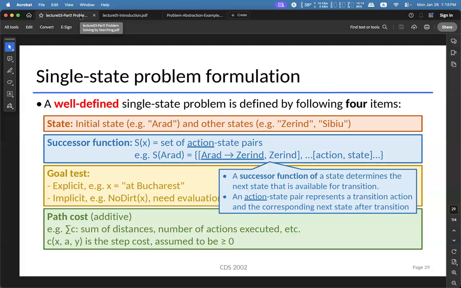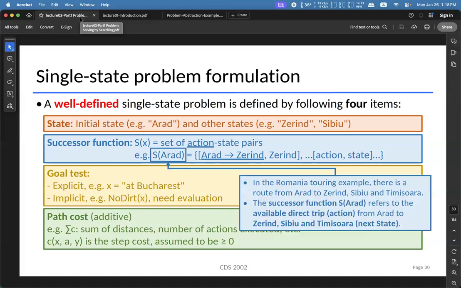So any questions? First of all, for the path cost, you will need to define how each step cost is calculated, and then you will need to define the path cost as the summation of the step costs, where the step cost is the cost of a single action. Any questions?